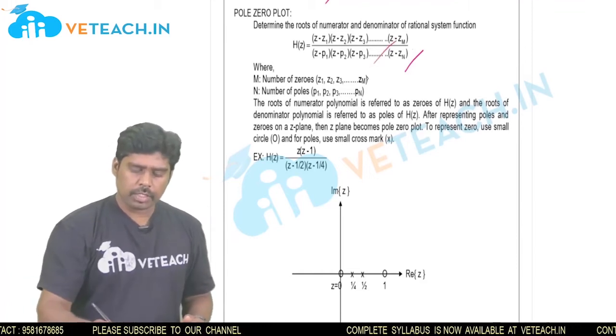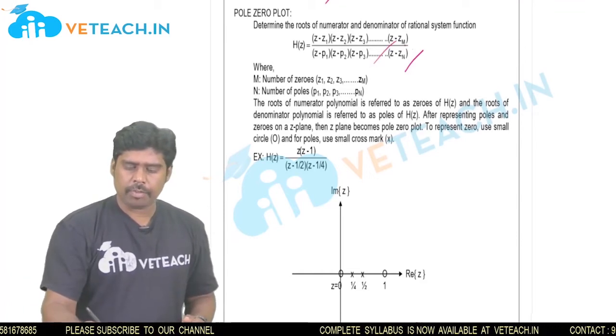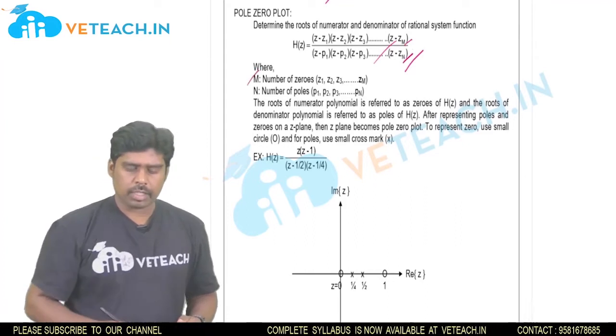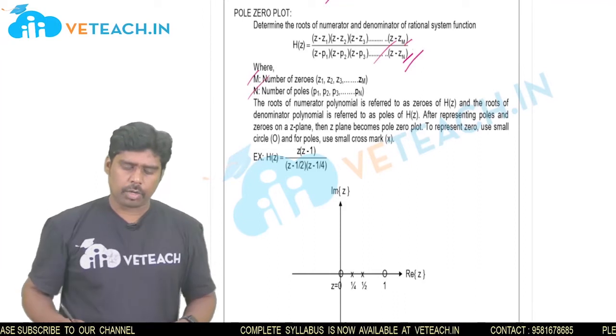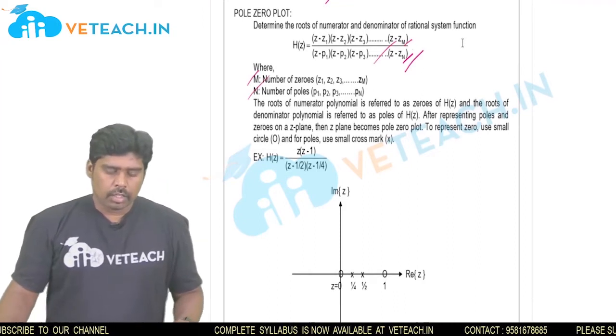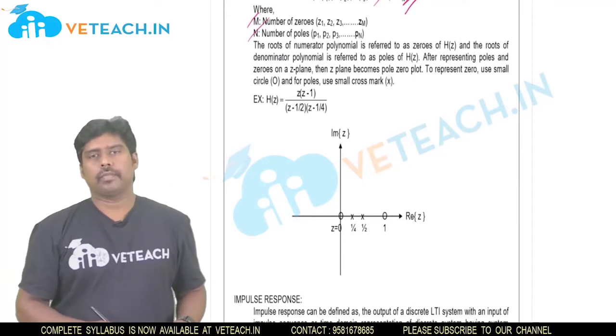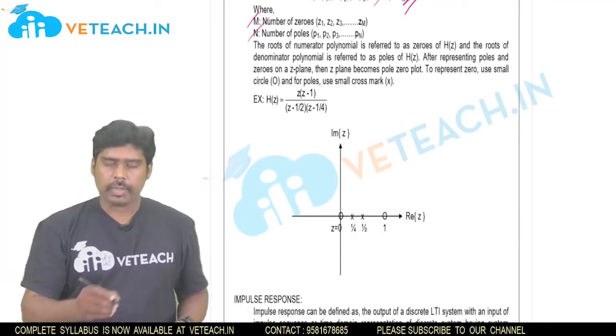Here capital M is the number of zeros, capital N is the number of poles. Zeros are represented by a small circle, poles are represented by a star.